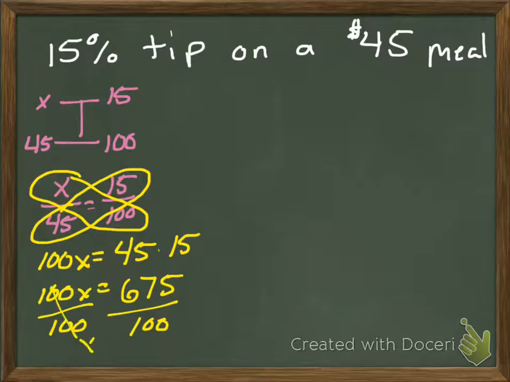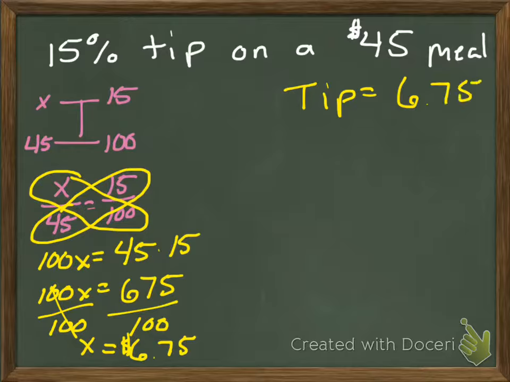Divide both by 100 gives me x is equal to $6.75. So my tip on this meal is going to be $6.75.